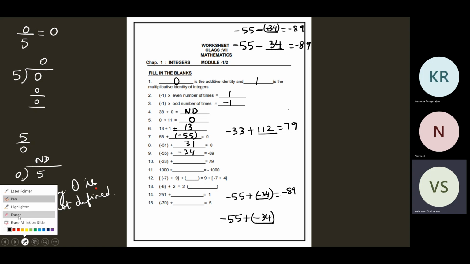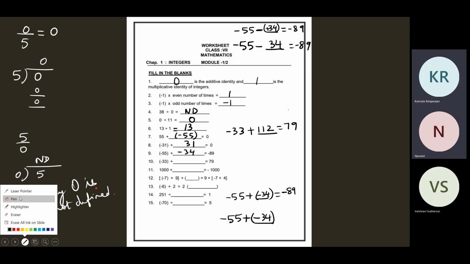You need to either add the two numbers or subtract the two numbers. The answer is either 79 plus 33 or 79 minus 33. You have to fix the signs later. But the number is 79 plus 33 or 79 minus 33, one of these two.